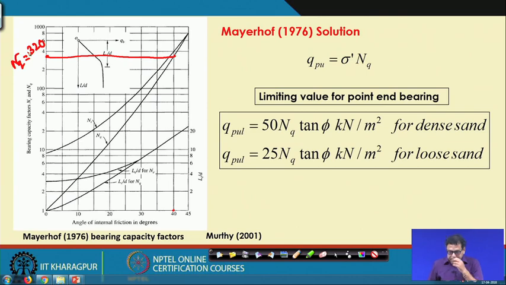Okay. So, the NQ value is 320 as per Meyerhoff method, and you can see in the Meyerhoff method the critical length concept is used. And they have suggested some limiting tip resistance also for the dense soil. In our case it is the dense soil, we will consider this limiting tip resistance concept, and the NQ value corresponding to 40 degree phi is 320.